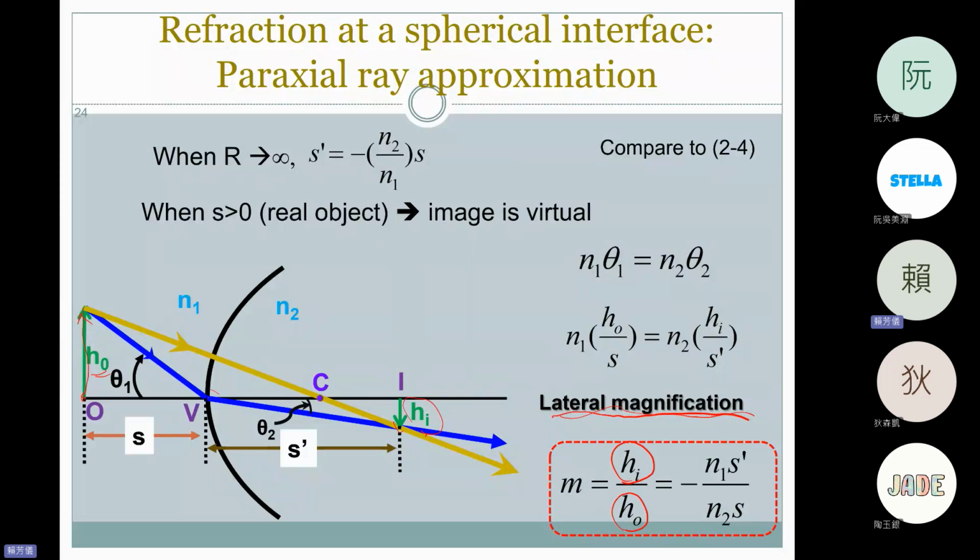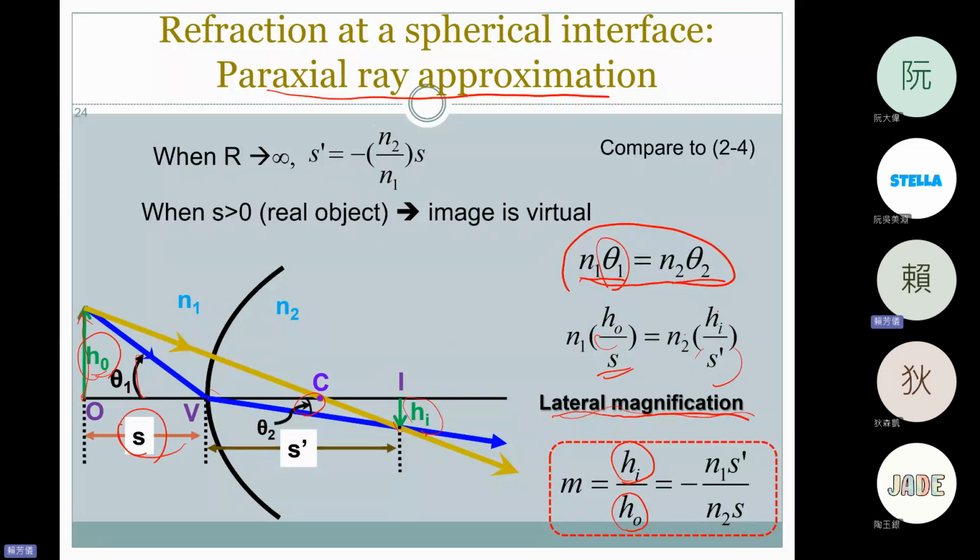Using this figure, we can apply Snell's law. Snell's law tells us, because this is a parallel ray approximation, that n1 theta 1 equals n2 theta 2, where theta 1 is h0 divided by s, and theta 2 is hi divided by s1.